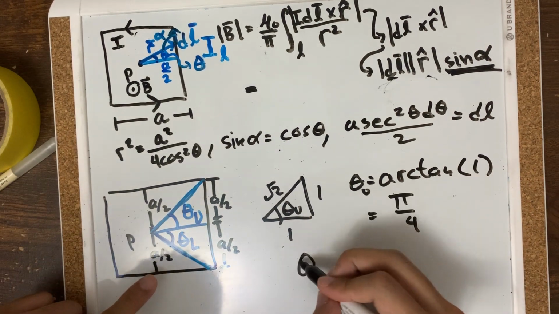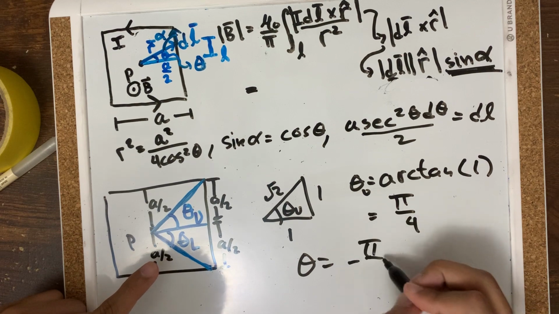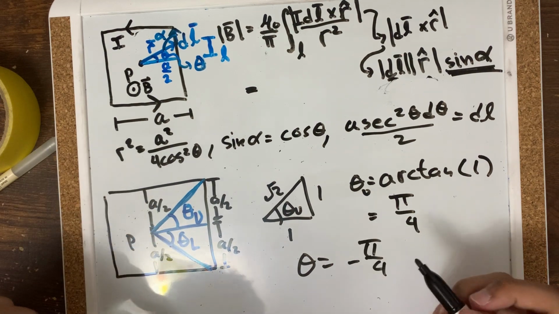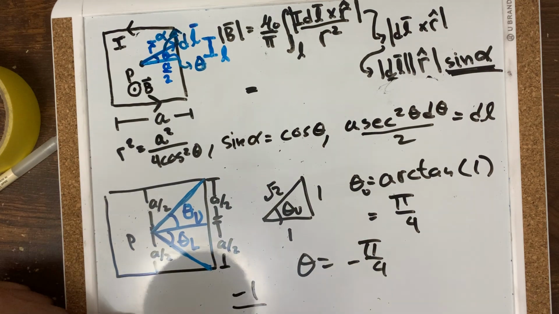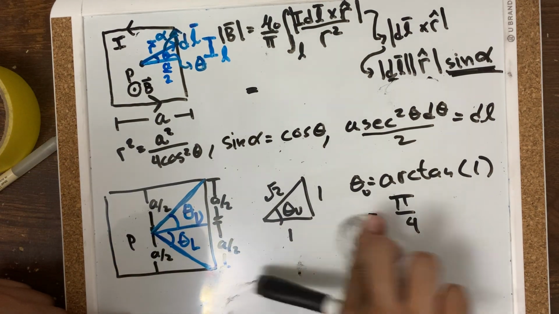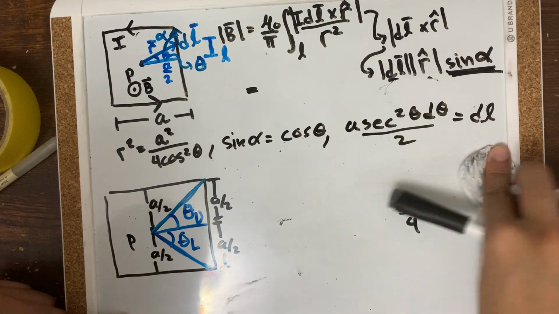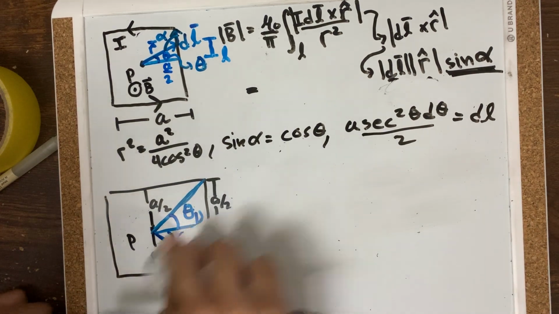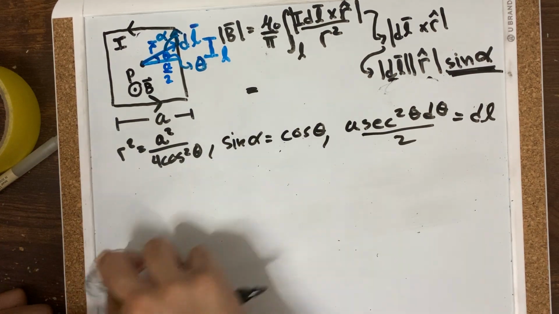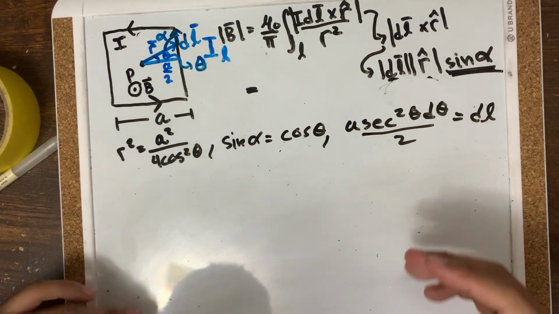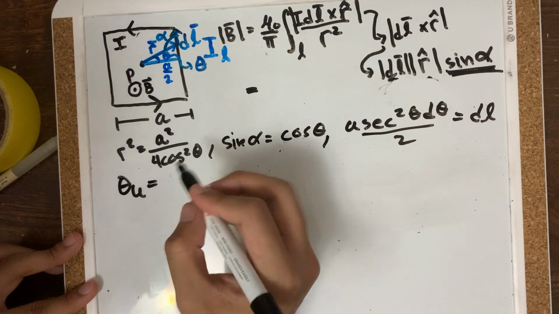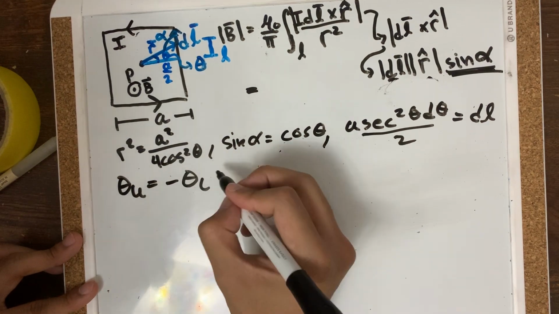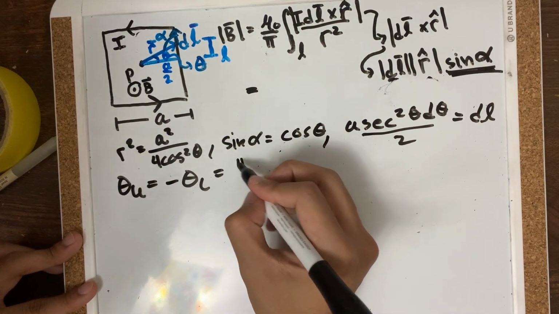And theta L is just negative pi over 4, because it's just like negative 1 over 1. Okay, so now we have that taken care of. We can finally solve this problem. Actually, we just have to go through the integral. So theta U is equal to negative theta L is equal to pi over 4.